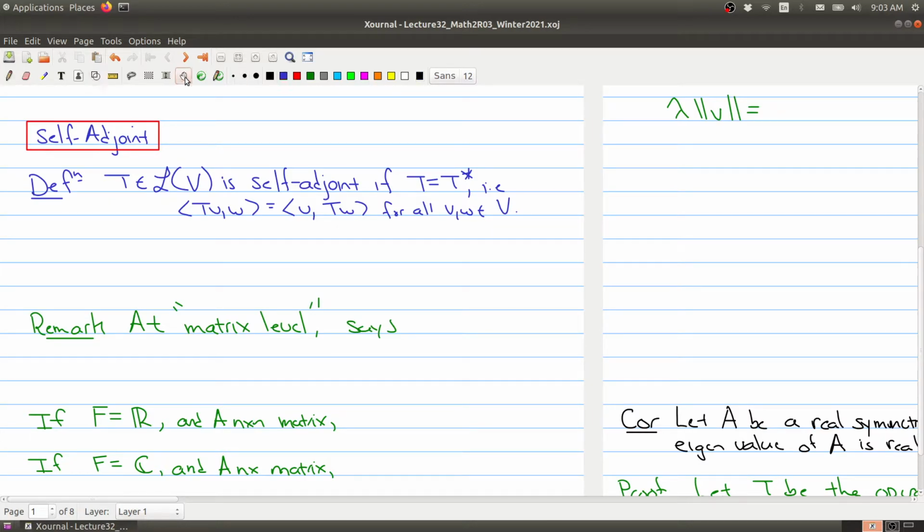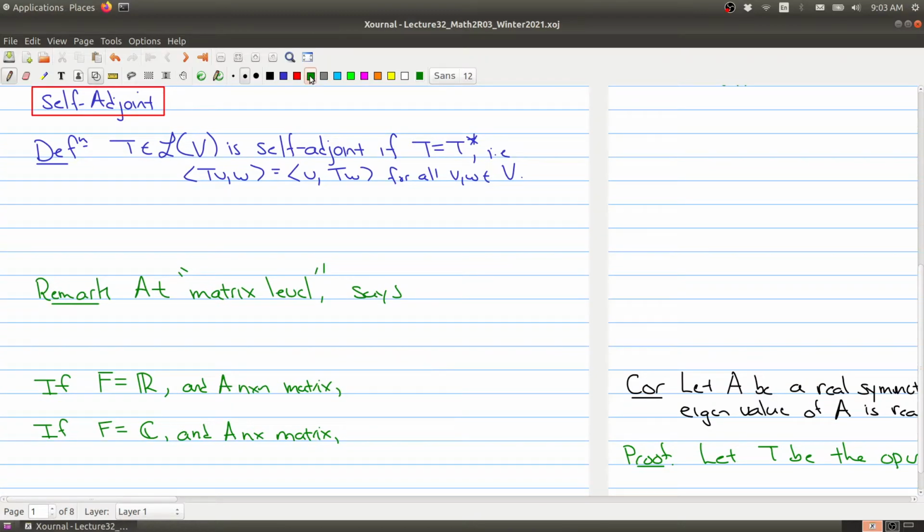Now at the matrix level, what this is saying is that the matrix of the adjoint, which we described last time as the conjugate transpose of the matrix associated to the original map, is equal to the matrix that you started with.